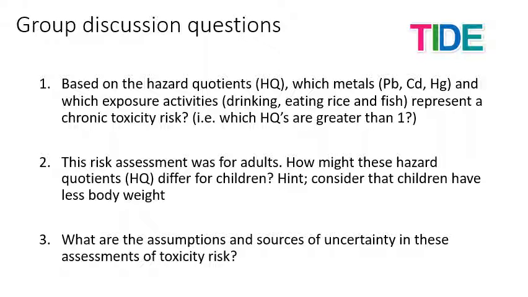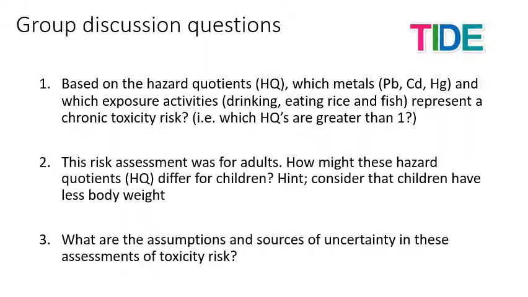However, hopefully you've also thought about this and noted that children are also likely to eat less food and drink less water per day than adults, so they would have lower ingestion rates, and this would act to lower the calculated hazard quotients.